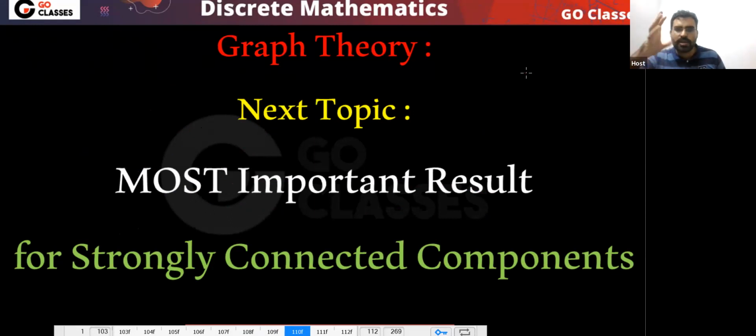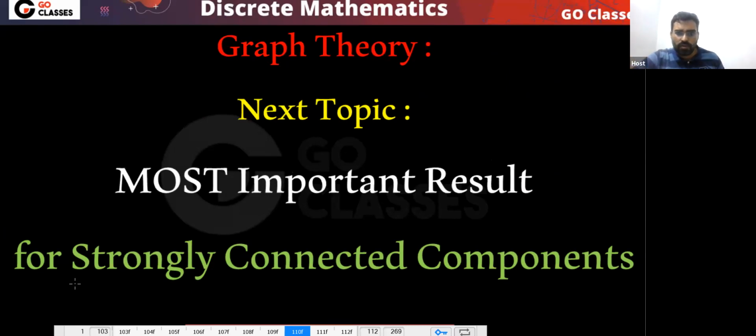For example, the GRE computer science exam used to happen till 2022, and there are many questions from this topic. But there is no question in the GATE exam so far from this result. It is very important because it is everywhere. Someday it will come in the GATE exam, I can guarantee.